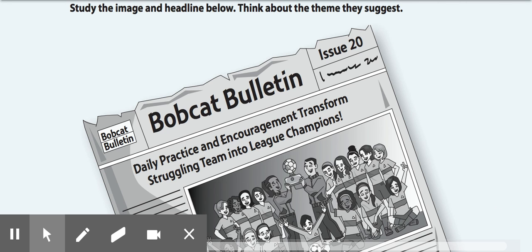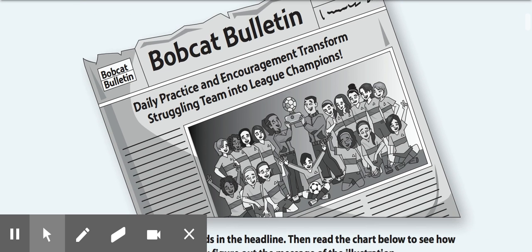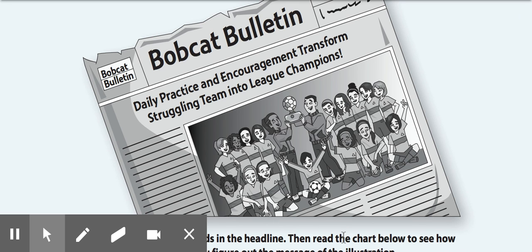As we're looking at the newspaper, what are the most important words in the headline? Go ahead and take those 30 seconds. All right.